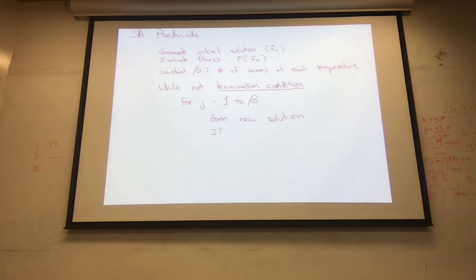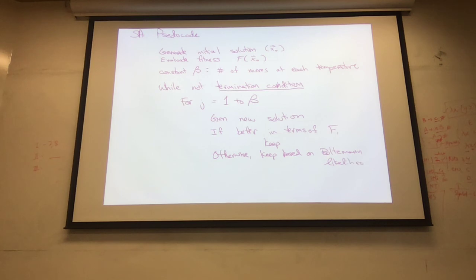If better in terms of f, keep. Otherwise, keep based on Boltzmann likelihood.